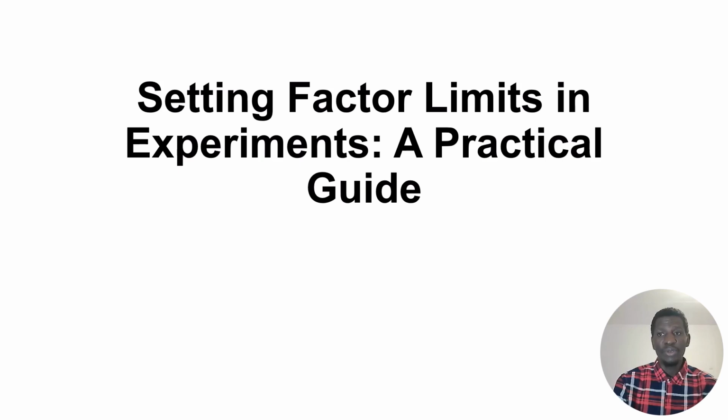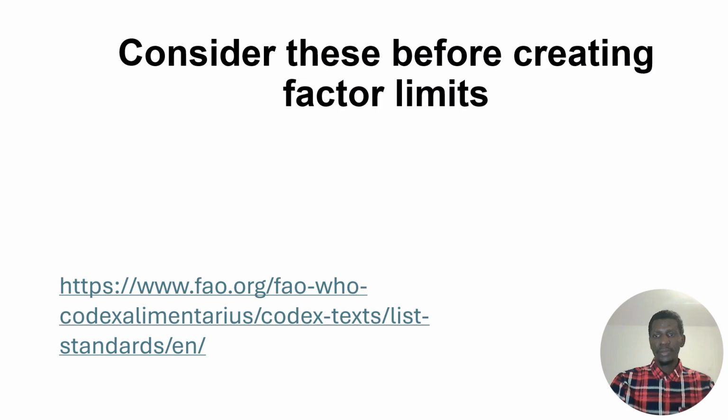Today we are diving into a crucial part of experimental design, which is how you can set good factor limits. So here I'm going to give you a practical guide, a step-by-step procedure on the things you have to do before setting up a good experimental domain.